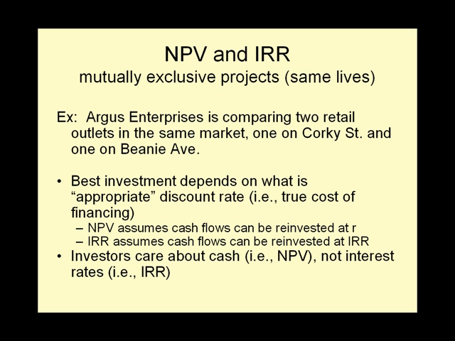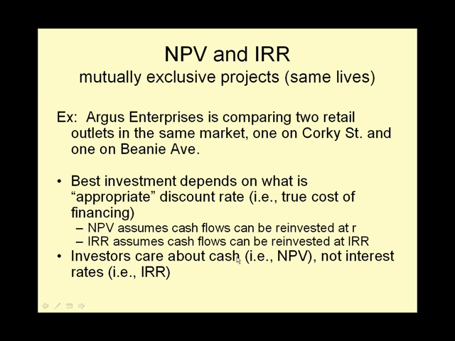There's one other important reason why the NPV criterion is preferred over the IRR criterion in choosing between mutually exclusive projects with the same lives. And that is because the NPV criterion focuses on cash generated by a project, and investors care about cash.